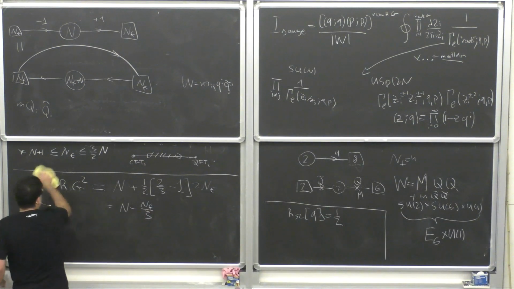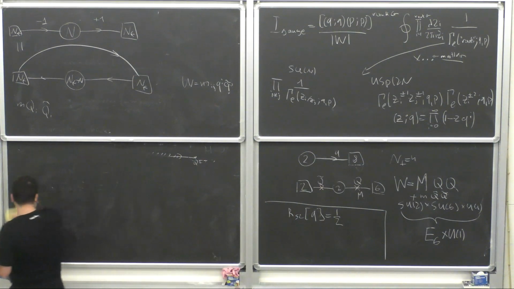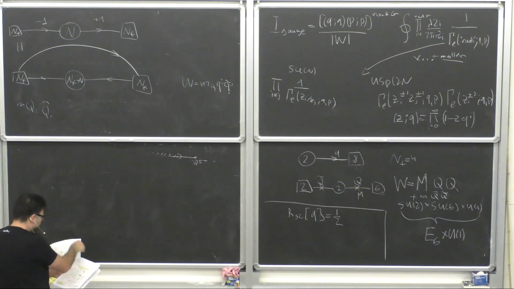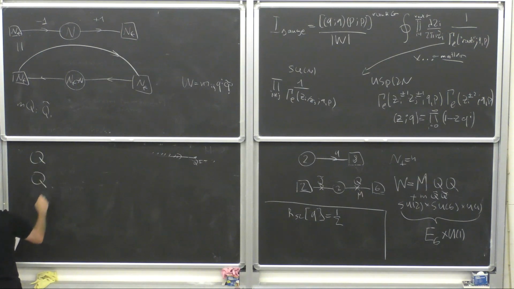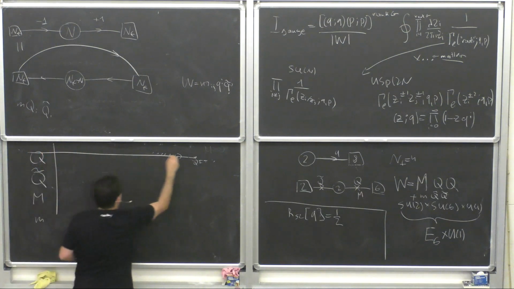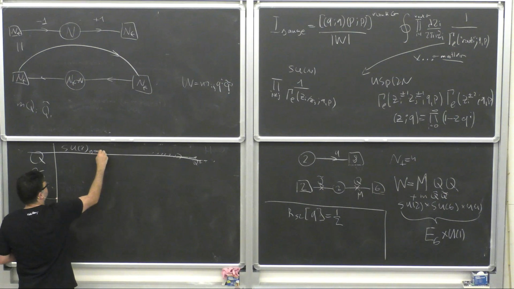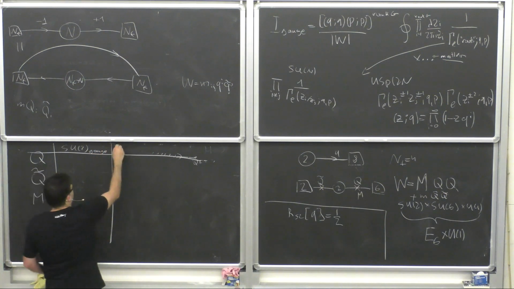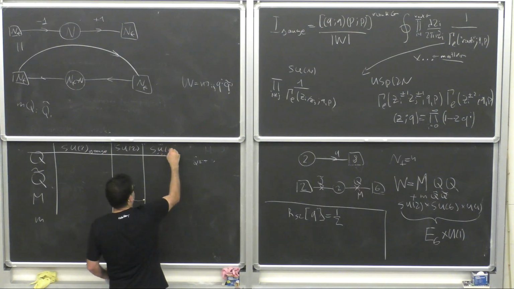Now let us try to understand what this theory is in the infrared. For that, I first tell you what the charges are. We have various fields: Q, Q tilde, this capital M and the small m that I introduced. And we have the various symmetries: the SU2 gauge symmetry, SU2 global symmetry, and SU6 global symmetry.